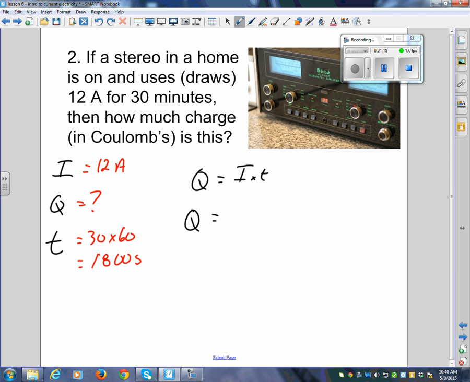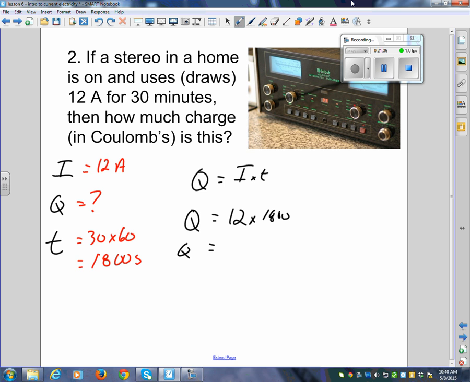Oh yeah, hang on, that's what I'm doing right now. I is equal to what? 12. What is T? 1,800. Do a big multiply.